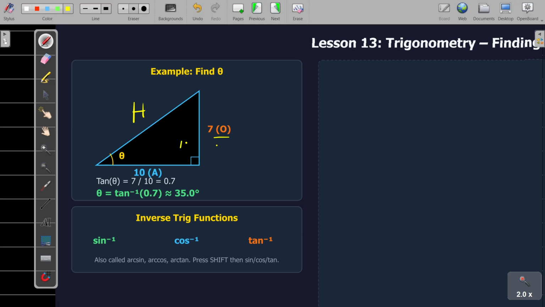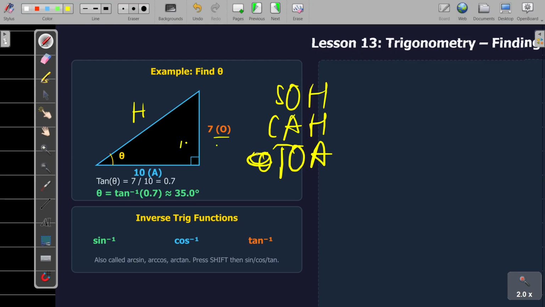And if we were to write out SOH, CAH, and TOA, how many letters do we have in this triangle that we know info of?